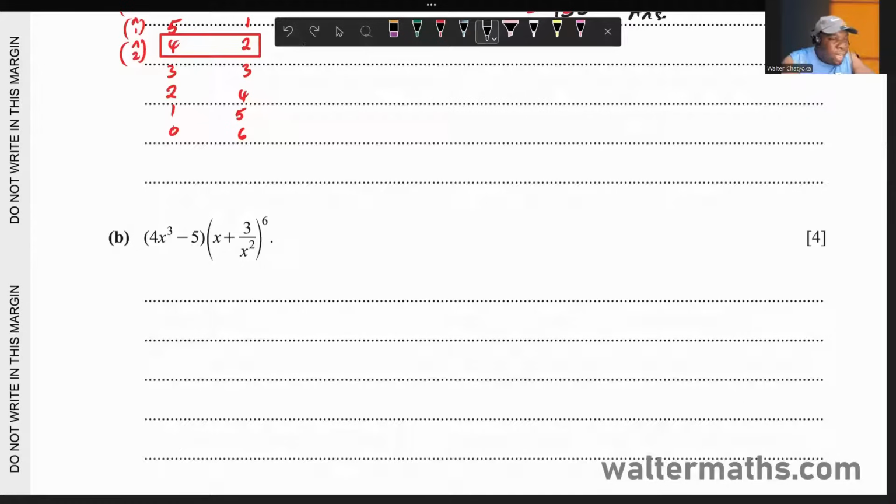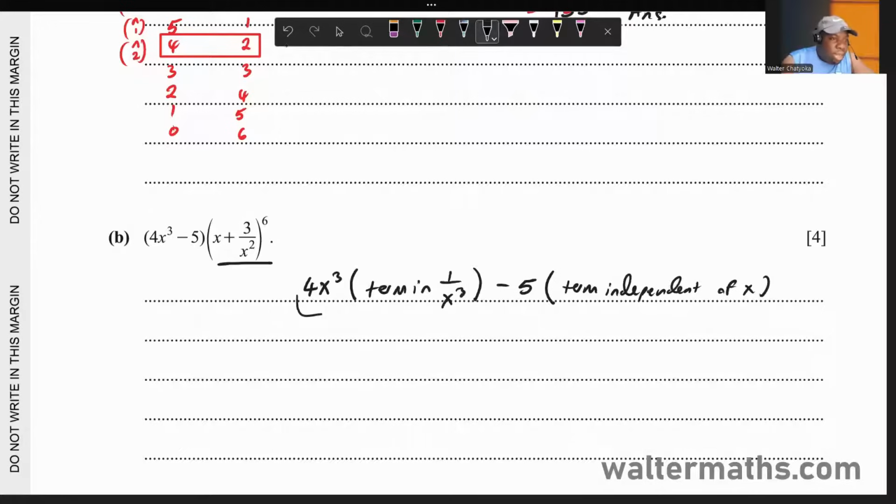To get a term independent of x, we should have 4x cubed multiply a term in the second bracket which is a term in 1 over x cubed. And that's going to be minus 5 multiplying a term independent of x in the second bracket.